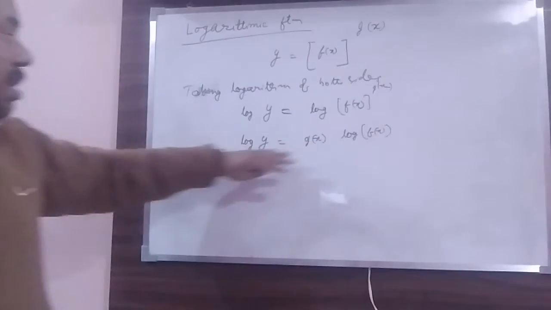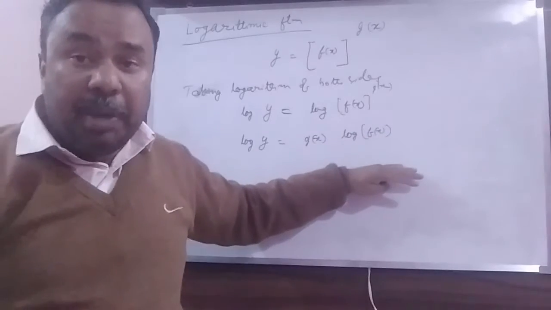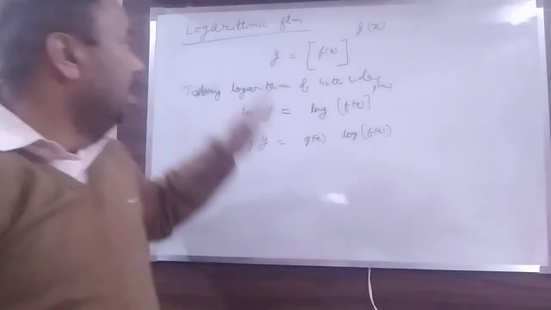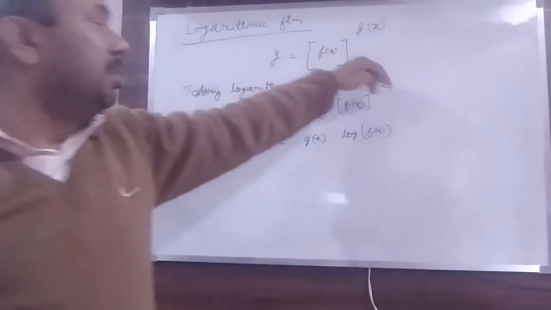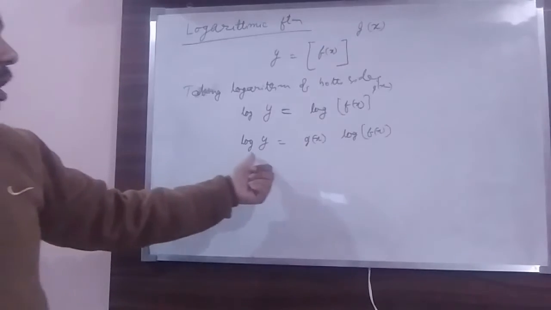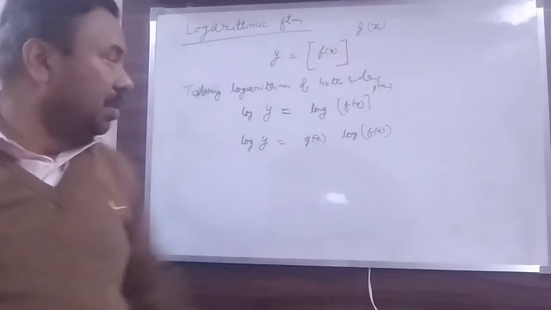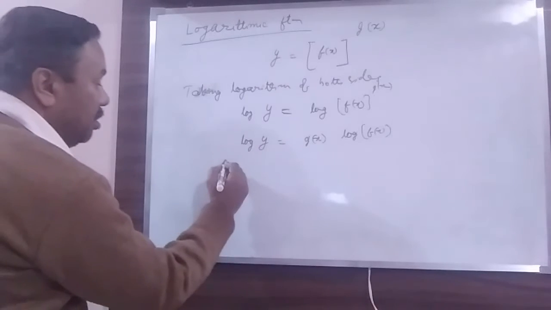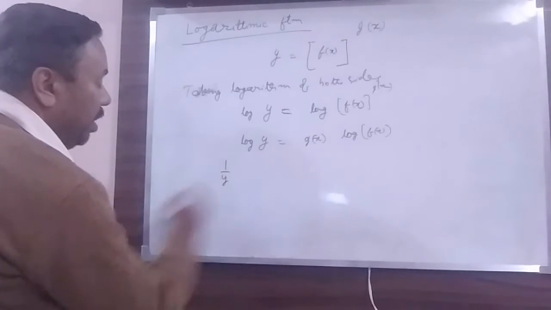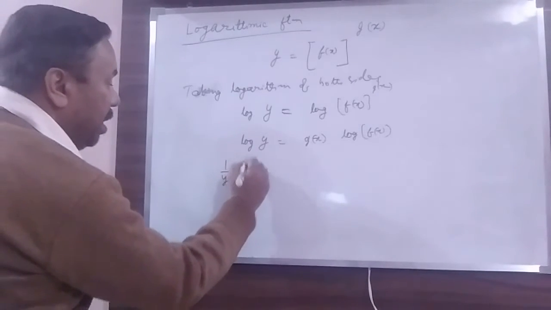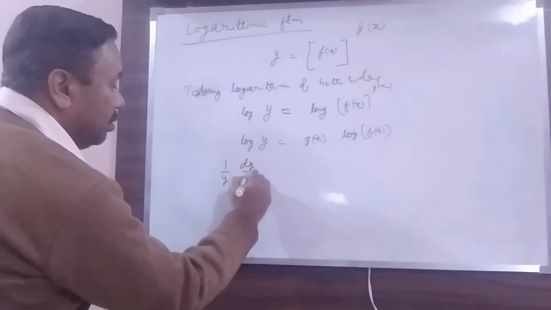Now since I have to find dy by dx, that means I have to differentiate this function. So I will now differentiate it. From the left hand side, as you know, it will become 1 by y multiplied by dy by dx.